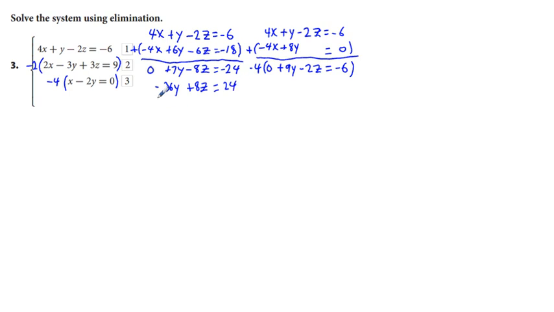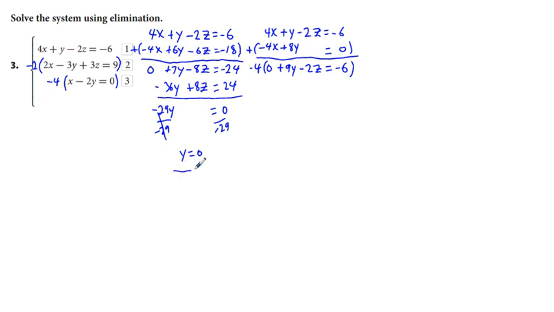And then adding these equations together, we have 7y minus 36y is going to be negative 29y, and negative 8z plus 8z is going to be 0. And on the right side we have negative 24 plus 24 is 0. So we have negative 29y equals 0, divided by negative 29. So we have y is equal to 0.